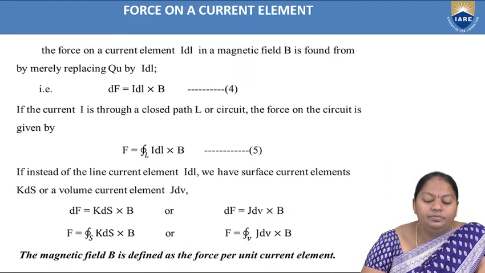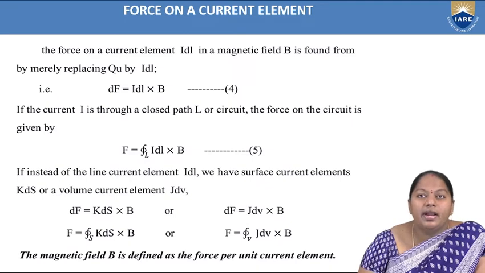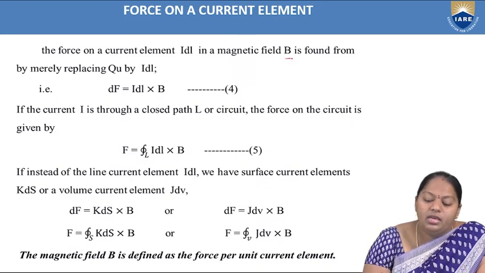Now, the force on a current element IDL in a magnetic field B is found by merely replacing QU by IDL.